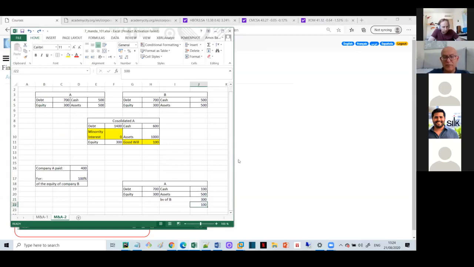One is the 300 as the book value of company B, and the extra we call an intangible asset, goodwill. Then, in order to turn these balance sheets into consolidated, it's very simple. We just erase the 300, and instead we add all the assets of company B and the liability, where the difference is exactly 300. And then we get the consolidated financial statements. Fair enough?